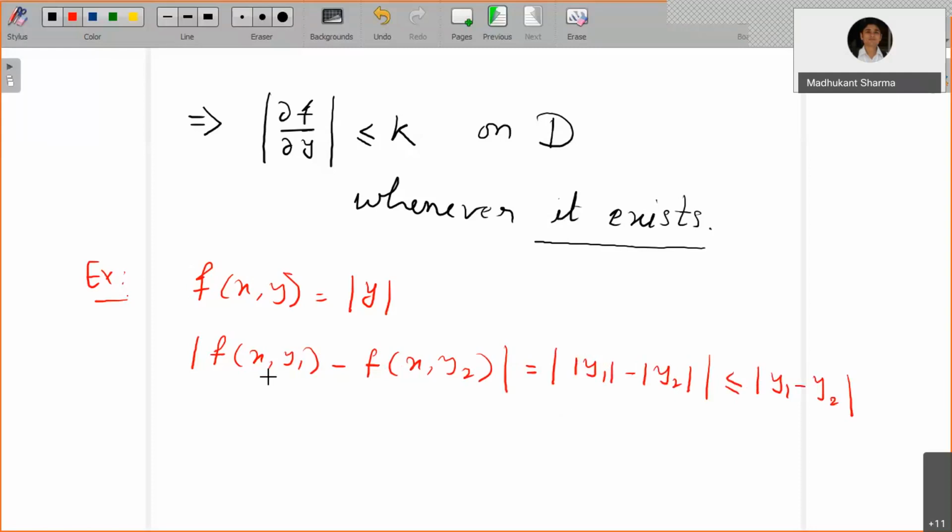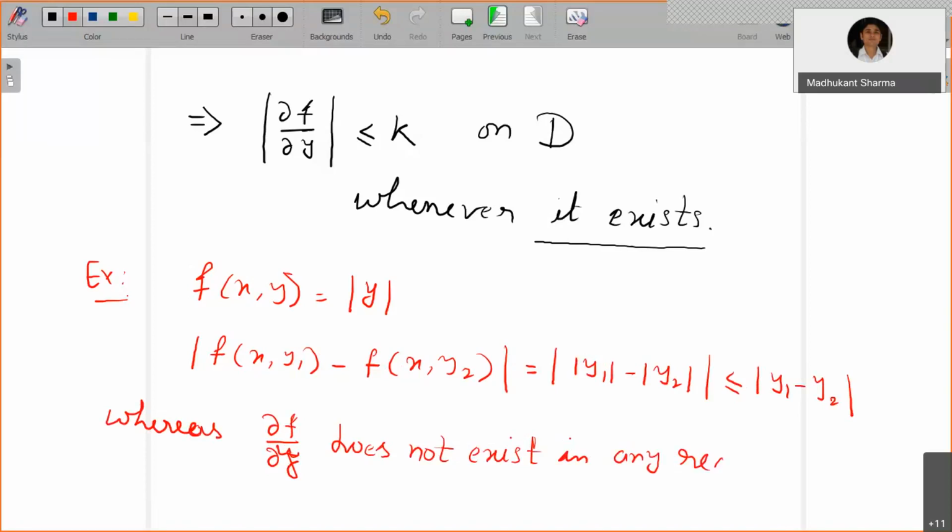So f satisfies the Lipschitz condition, whereas dou f by dou y does not exist in any rectangle D containing 0. So if you exclude 0, that's a different thing.